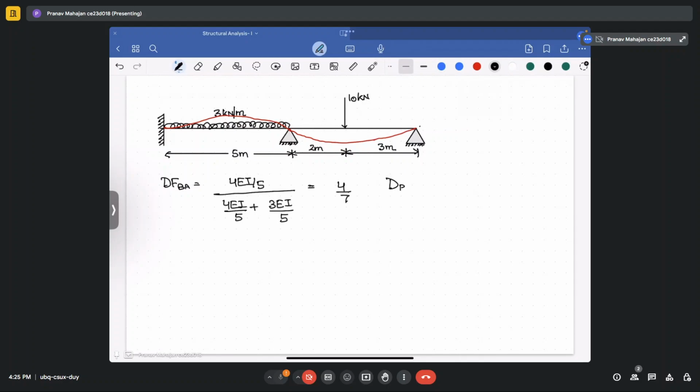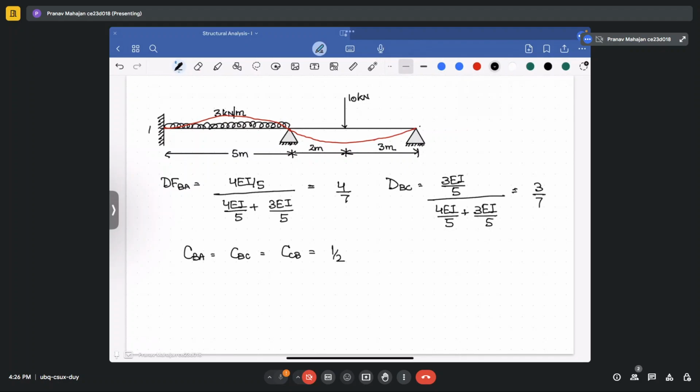And dBC will be equal to 3EI by L divided by the total, that is 4EI by 5 plus 3EI by 5, and that will be equal to 3 by 7. Okay, and your carryover moment, that is CBA, is equal to CBC, and it will be equal to CCB, equal to 1 by 2.